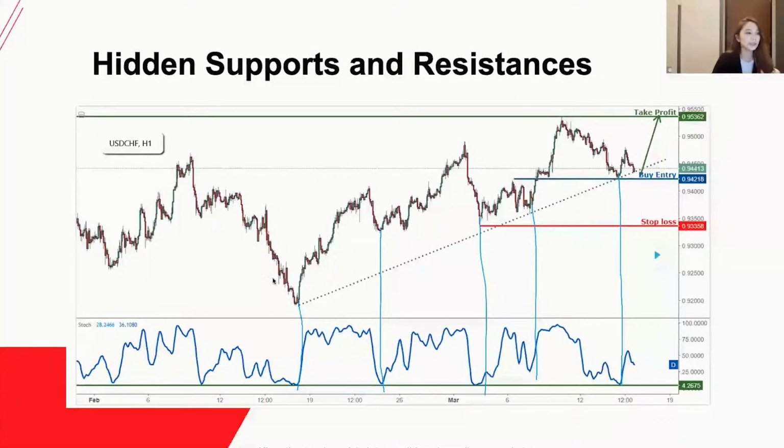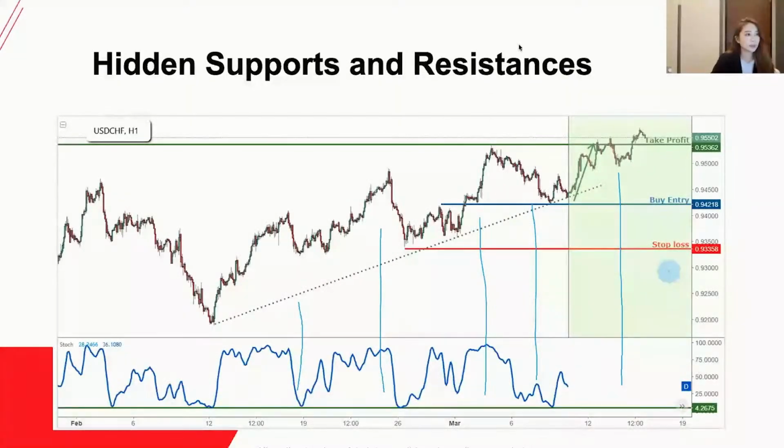These few touch points that bounce off the upward trend line are also bouncing off your invisible support, which is at 4.2675, which is way below our 20 mark that we were looking at before.